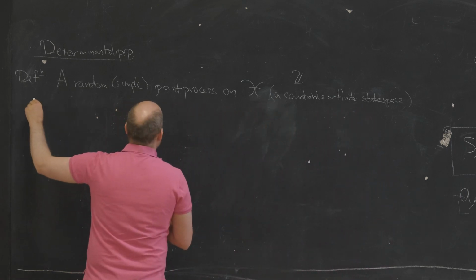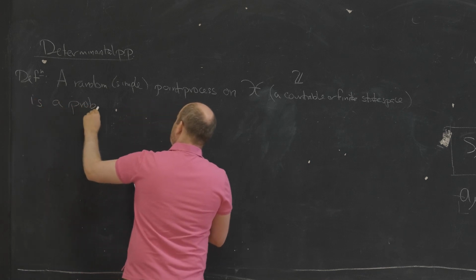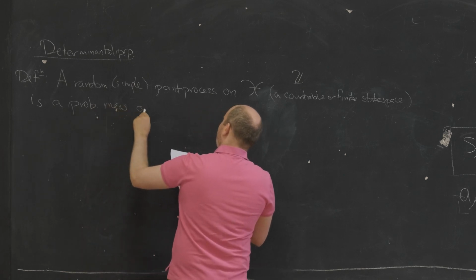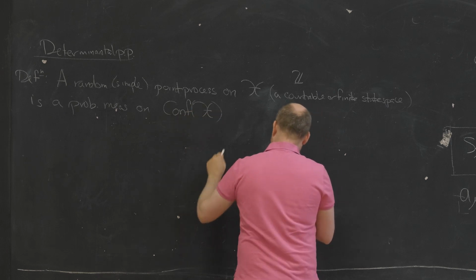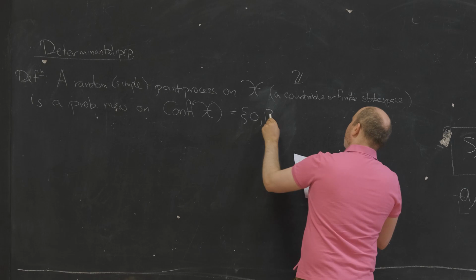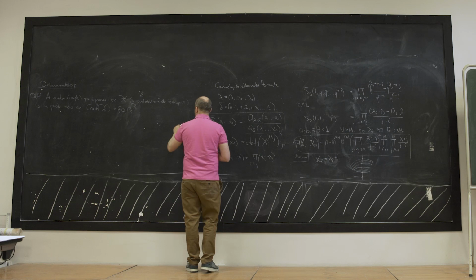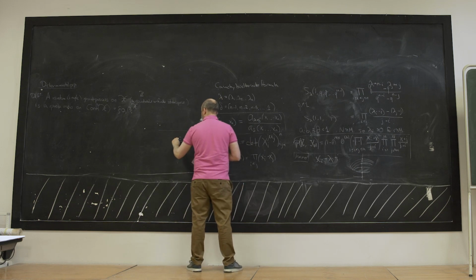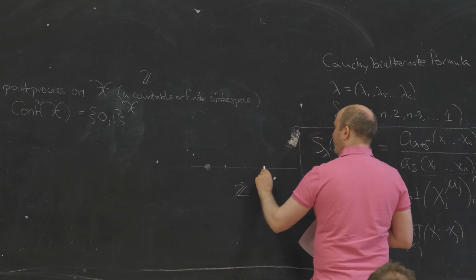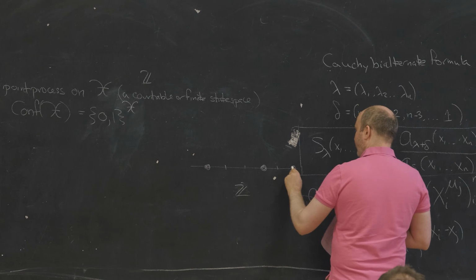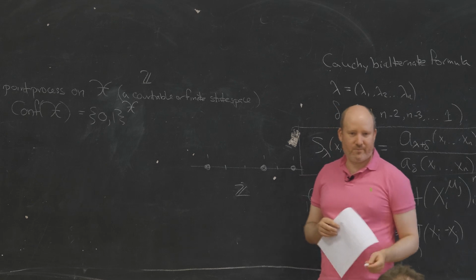So a random simple point process is a probability measure on what's called the configuration space of capital chi, which is the set of {0,1}^chi. So in other words, I have chi, so maybe chi is the number line, Z. And a configuration is just, I assign certain points I say have a particle and some points don't. So that's a configuration.